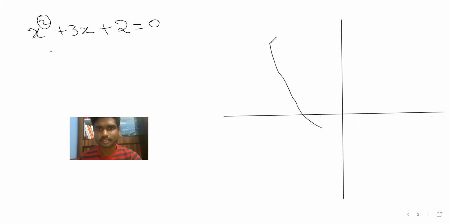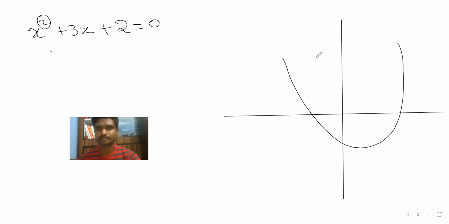You will get the graph somewhere like this. It is cutting at 2 points on the x-axis, right? That's why it has 2 roots, or 2 zeros in your terms.